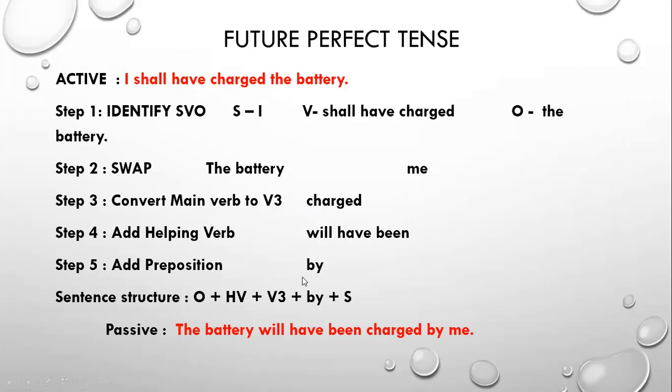Then the last step is to add by, and your sentence structure is object, helping verb, V3, by, and subject. So the object is now the battery, the helping verb is will have been, and V3 is charged, preposition is by, and subject is me.